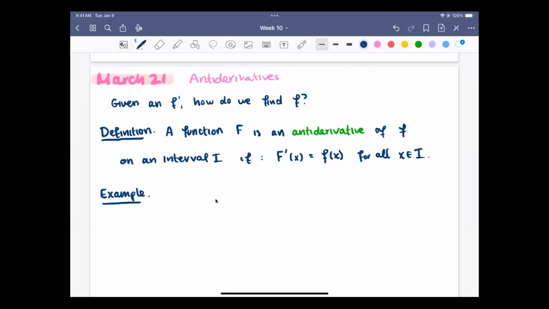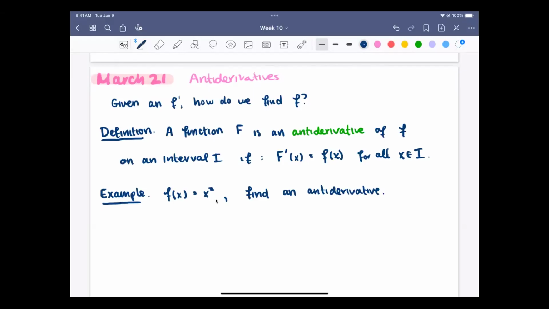So for example, let's find an antiderivative of this function. Let's take little f of x to be x squared, and we'll find an antiderivative. Okay, so what is capital F going to be?